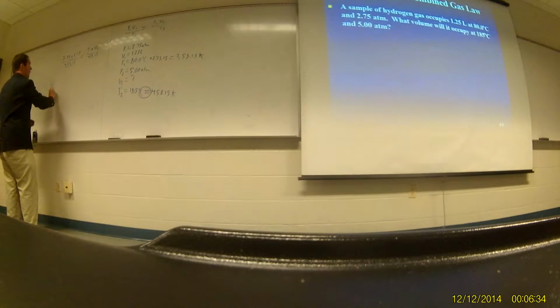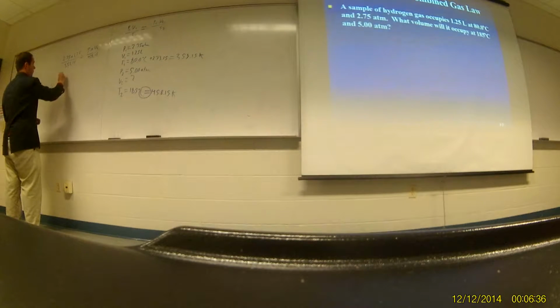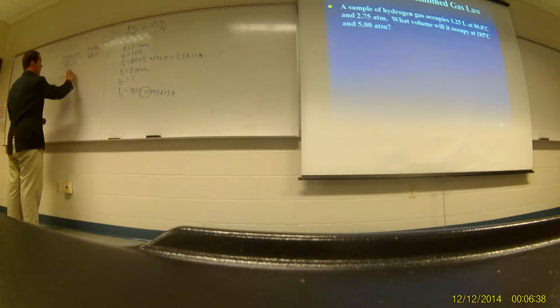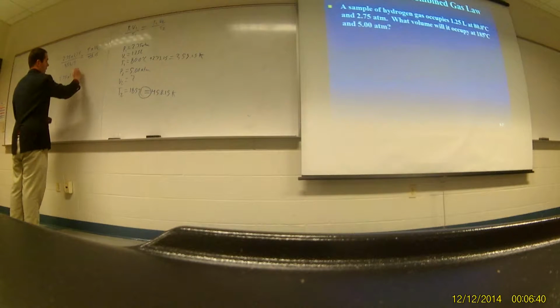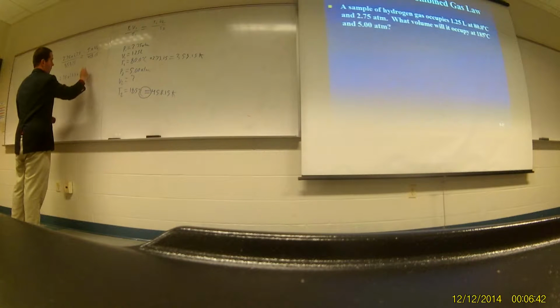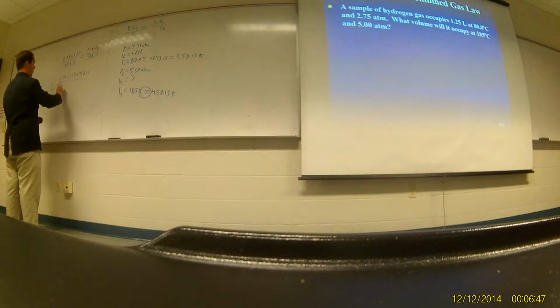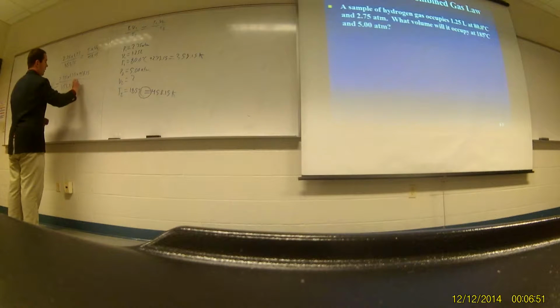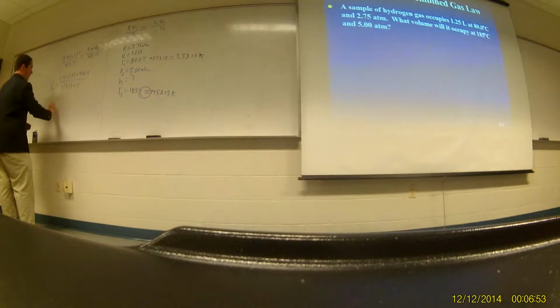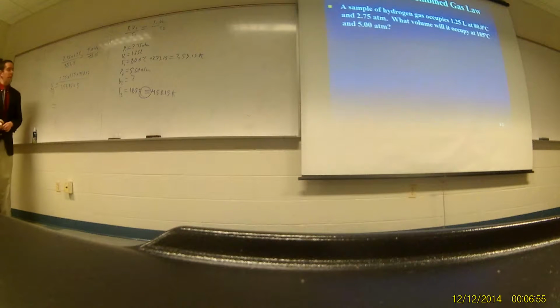That makes V2 equal to 2.75 times 1.25 times 458.15, divided by 353.15 times 5. When you do all that math, what does that come out to? I got 0.892 liters.